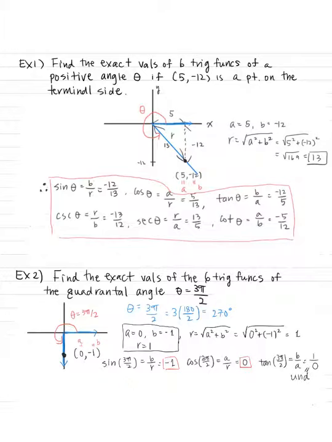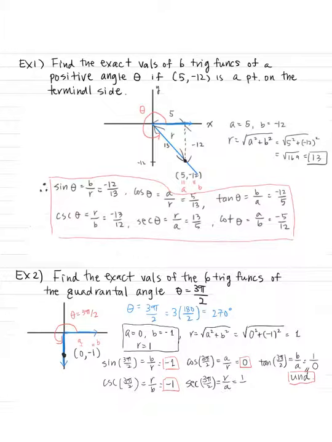I'm just going to write it as undefined. Now cosecant of 3 pi over 2 is r over b, which is still going to be -1. And then secant of 3 pi over 2 is r over a.